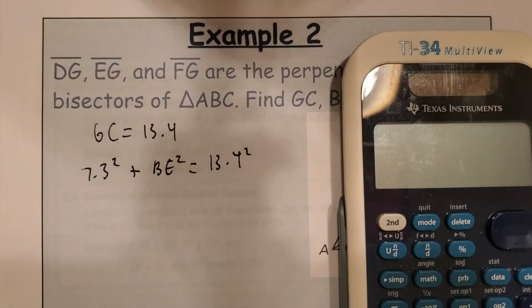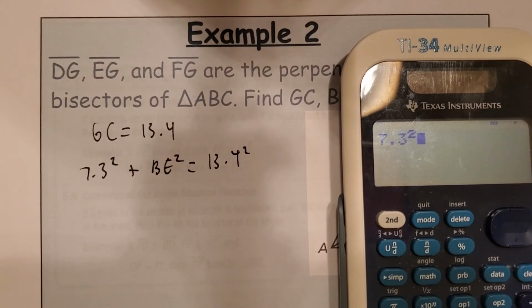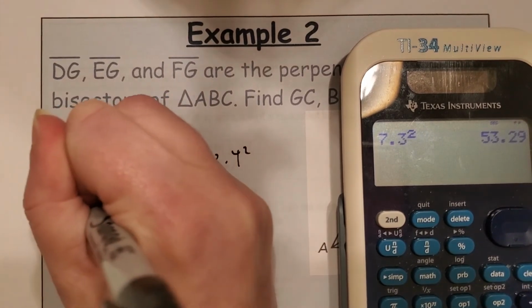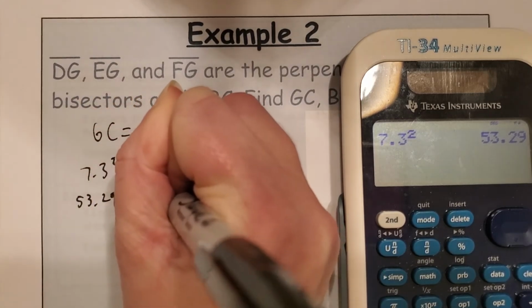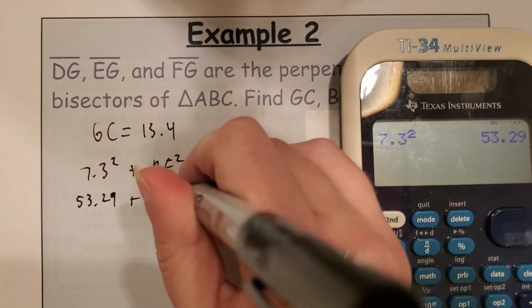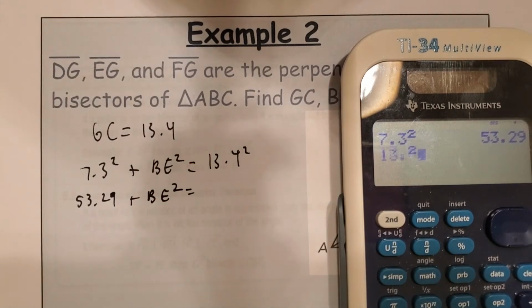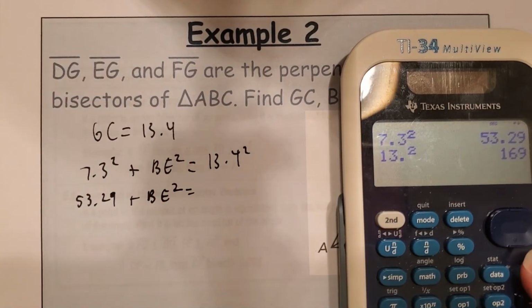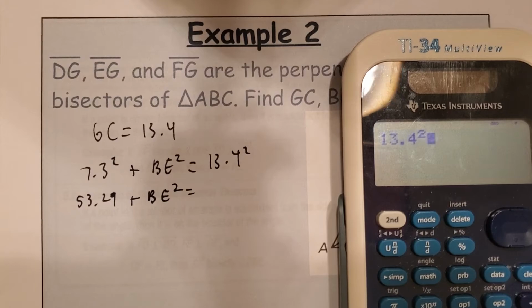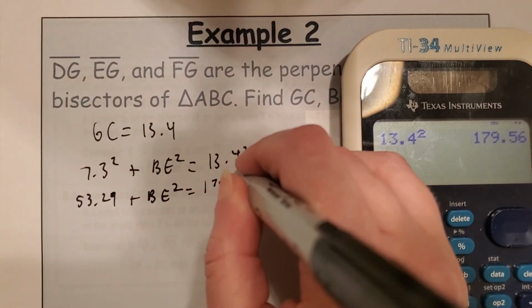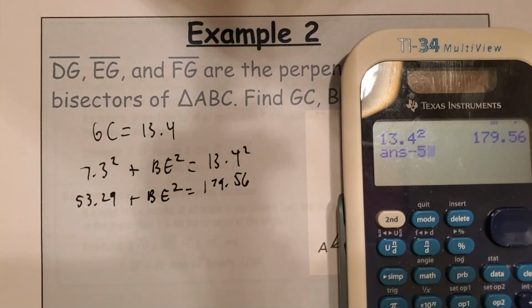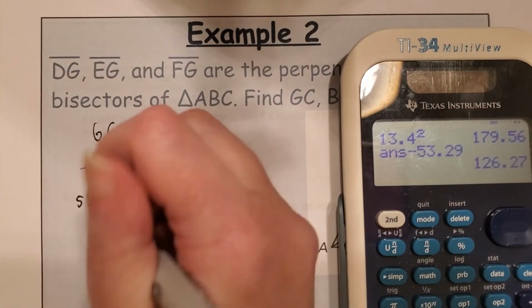I gotta get my calculator for this. Nope, that's not what I wanted to do. 179.56 minus 53.29.